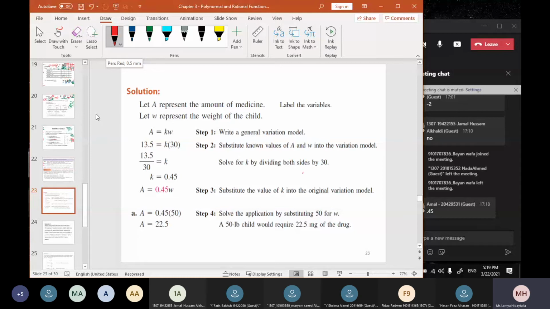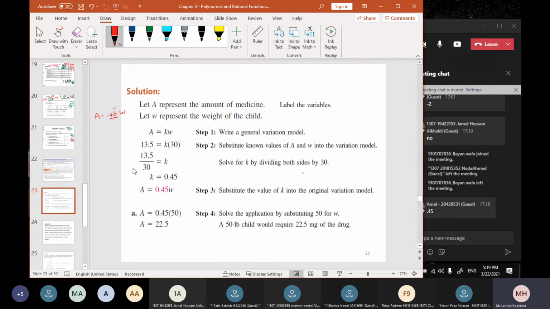Our equation: the amount of drug is equal to 0.45, the constant of proportionality that I calculated, times the weight of the child, because both are directly proportional. I found the constant of proportionality.